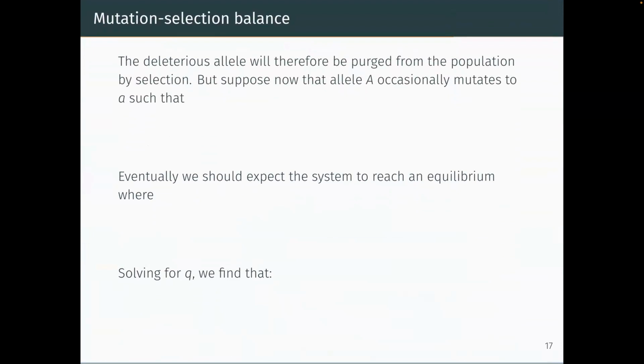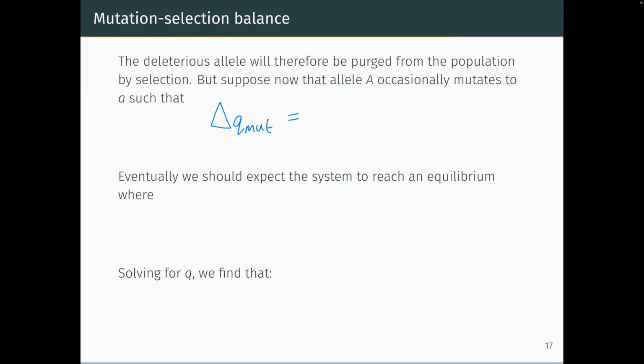On the other hand, we're going to have mutation. So suppose that big A allele occasionally mutates to give us this little a allele. So some error in DNA replication, for example. If it occasionally mutates from big A to little a, we can think about the change in the frequency of this allele due to mutation alone as our mutation rate, which I'll call mu.